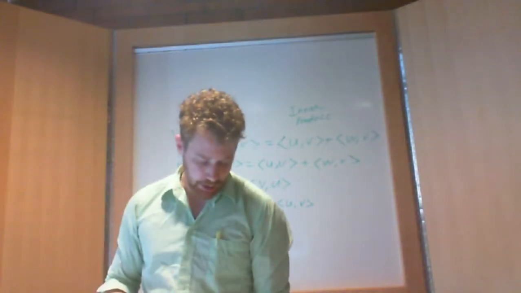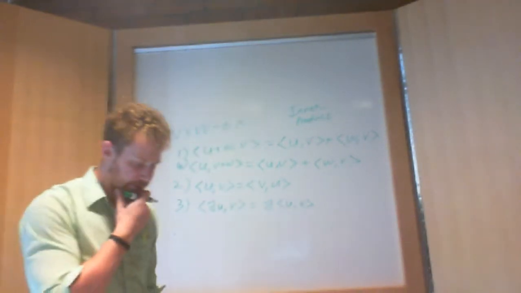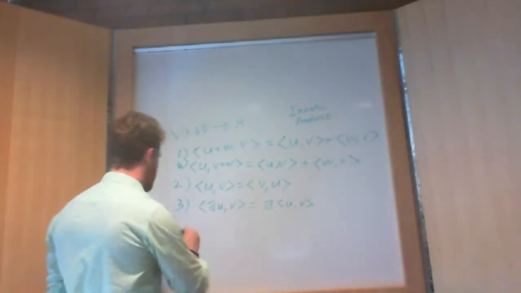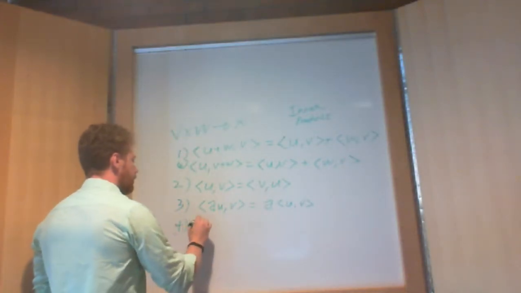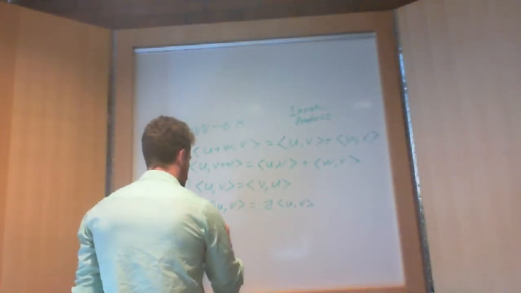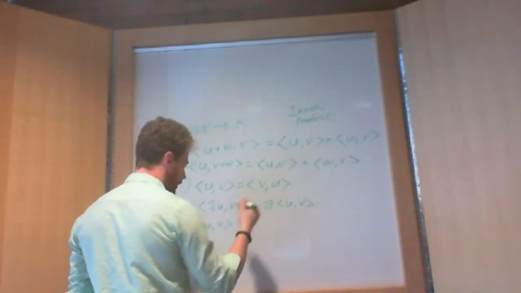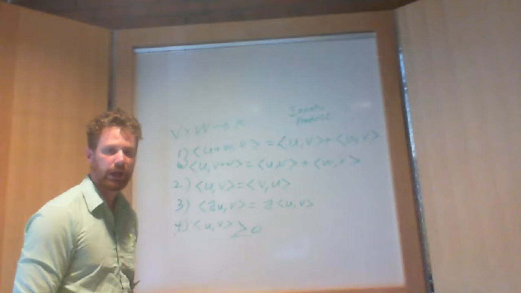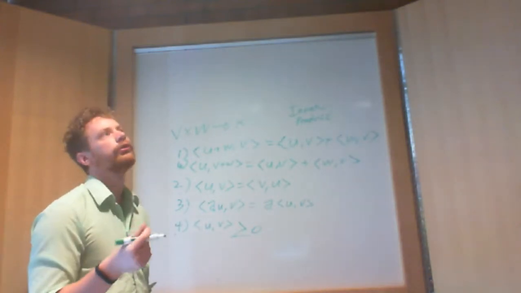The final property, really maybe the final two properties, is the positive definiteness property, and we say that the inner product <u, v> is greater than or equal to 0.